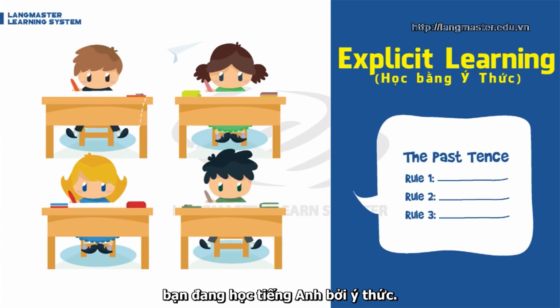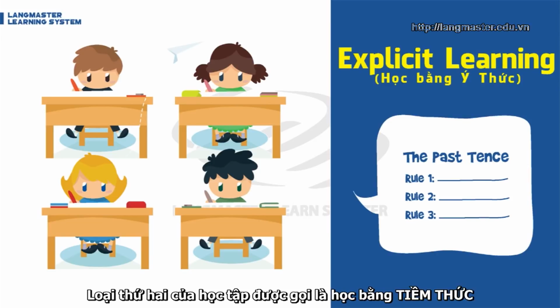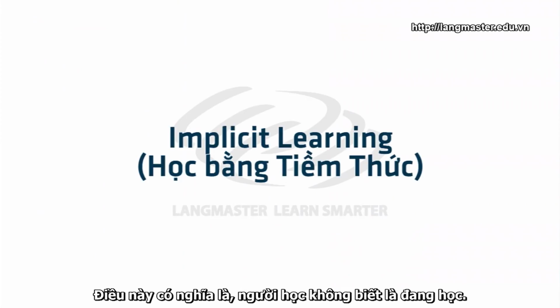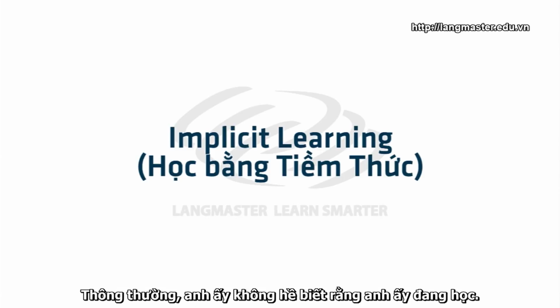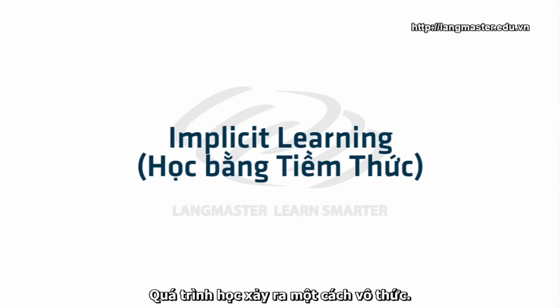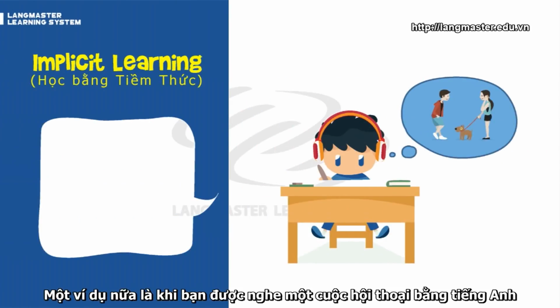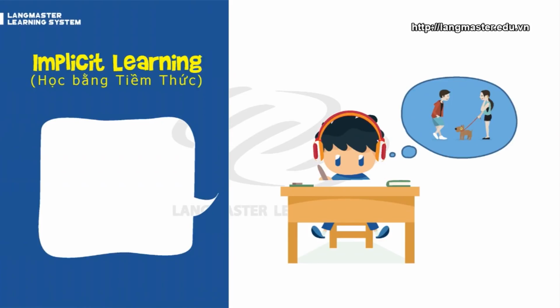use the past tense. The second type of learning is called implicit learning or unconscious learning. In implicit learning, the learner doesn't know what is being learnt. Mostly, he's not even aware that he's learning something. The learning happens unconsciously. One example of implicit learning is listening to a conversation in English.